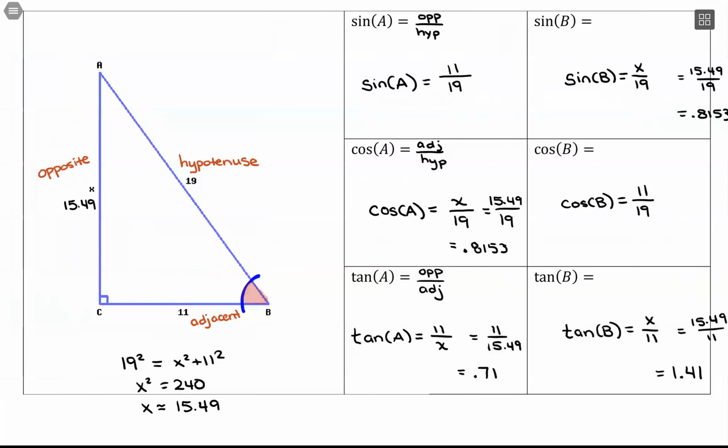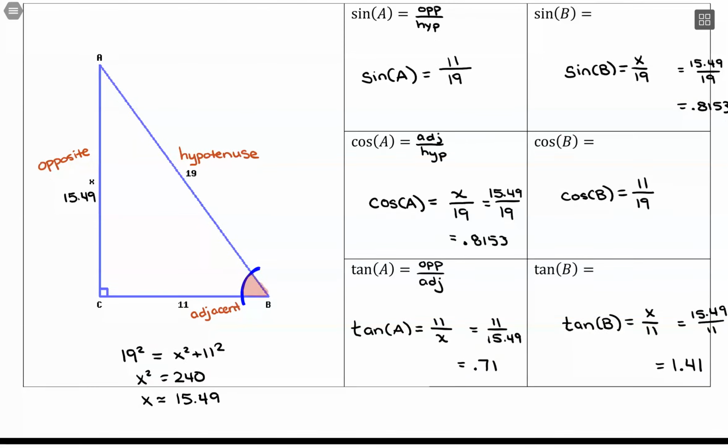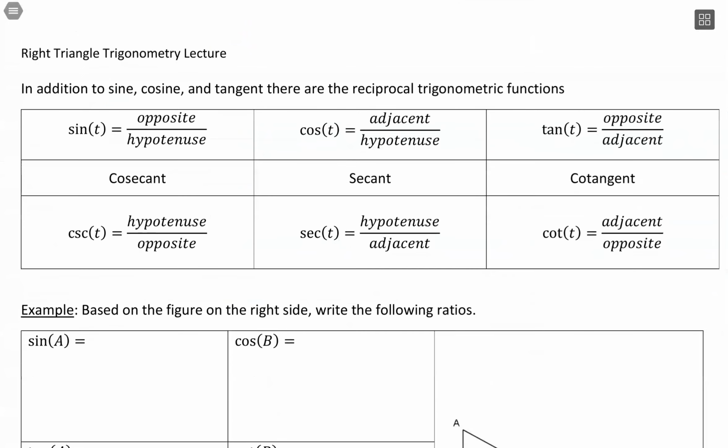All right, so that's how we can use our trig functions with a right triangle. It's just a matter of recognizing what angle is the input and then making that your point of view of where opposite and adjacent is, and then using SOHCAHTOA or those relationships with the ratios to solve the side lengths.